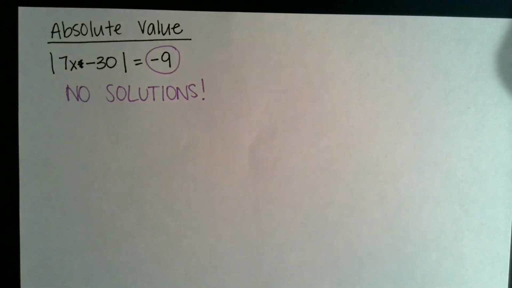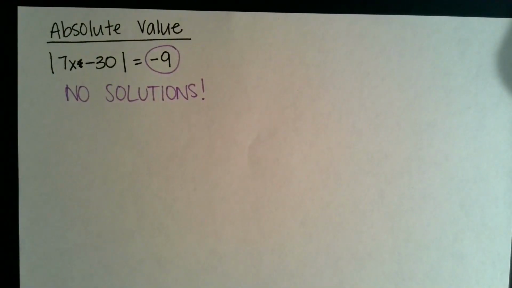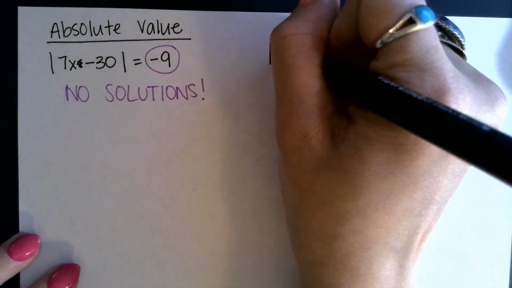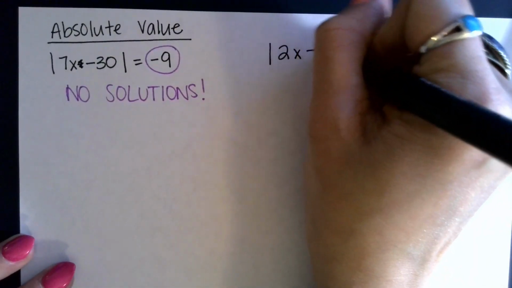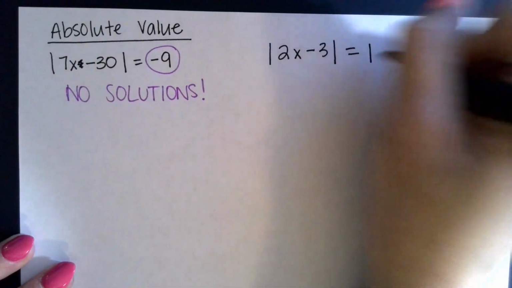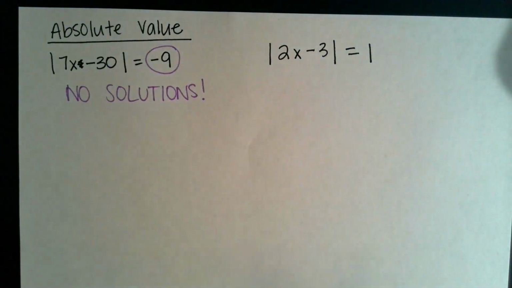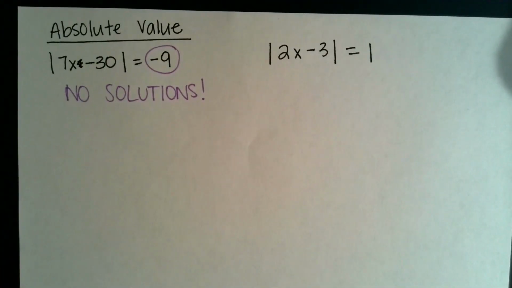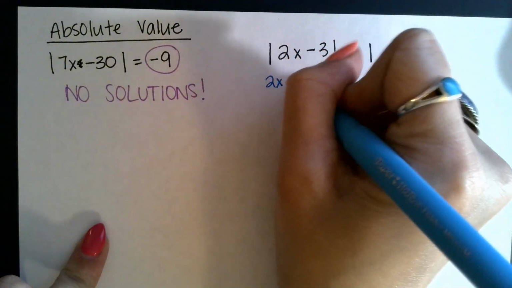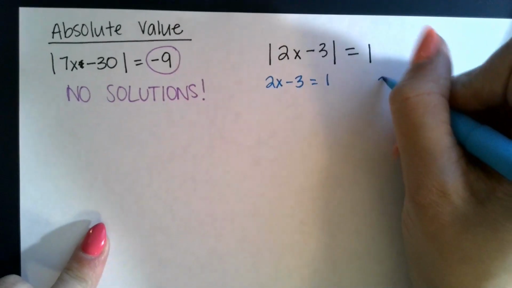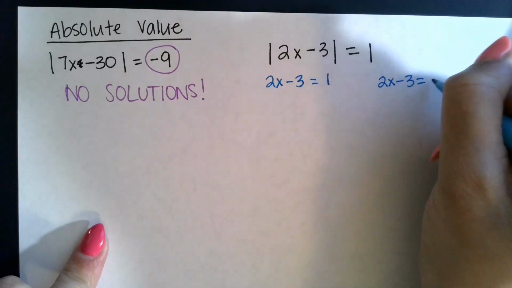Now, let's do a solving question where it's not equal to a negative so that I can remind you how to do it. This is going to be the absolute value of 2x minus 3 is equal to 1. This is where the stuff on the inside of the absolute value could be positive or negative. So we have that 2x minus 3 could be equal to positive 1, or 2x minus 3 could be equal to negative 1.